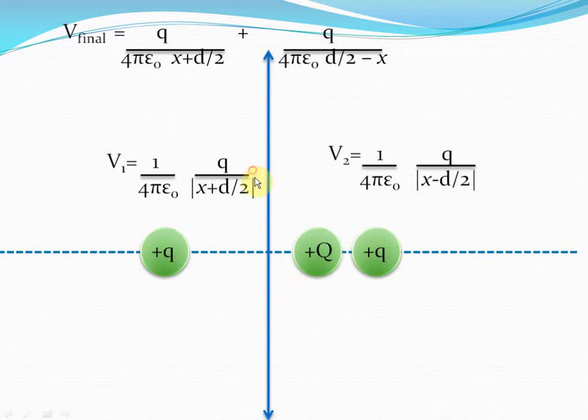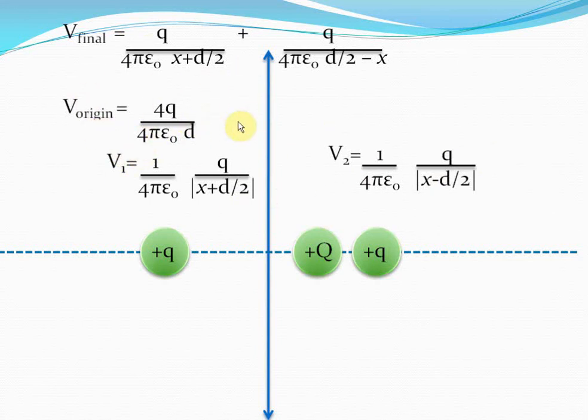The potential at the origin will be 4q by 4 pi epsilon naught into d. That is because when you substitute x equal to 0 in this expression, v1 becomes 1 by 4 pi epsilon naught into q by d by 2, isn't it? Similarly, v2 also becomes the exact same thing, and therefore the net potential becomes this expression.